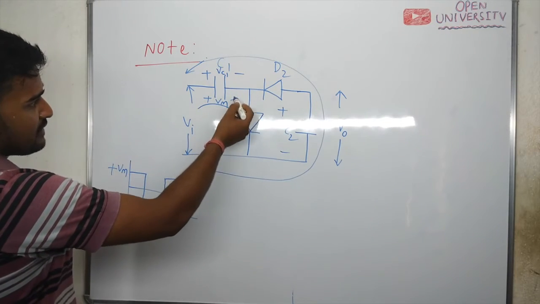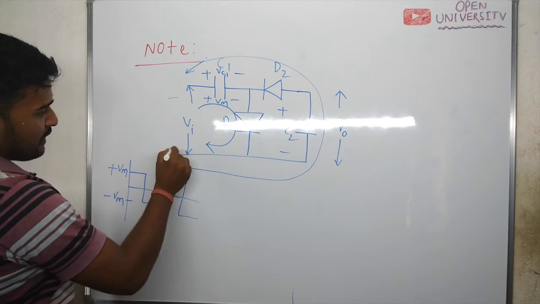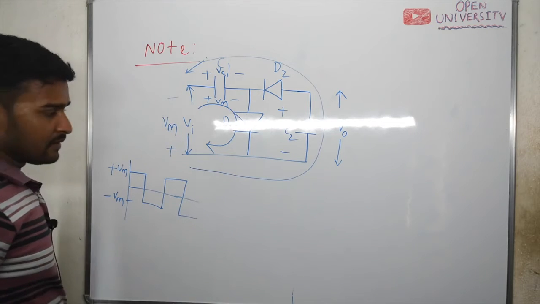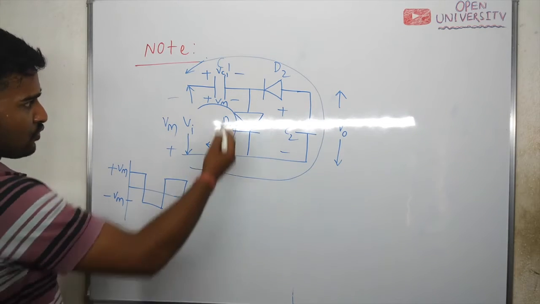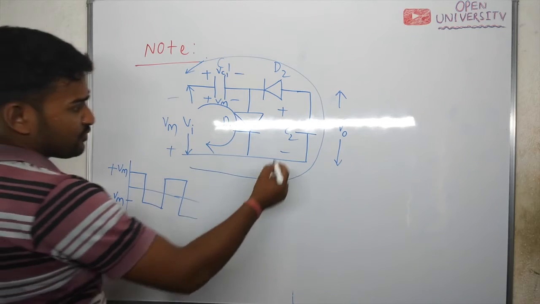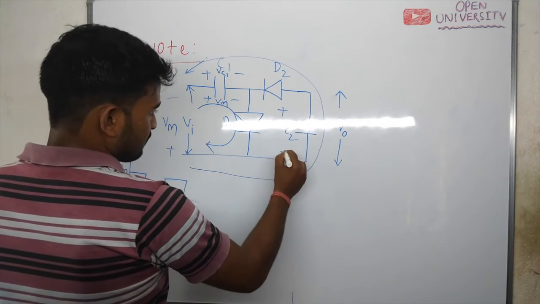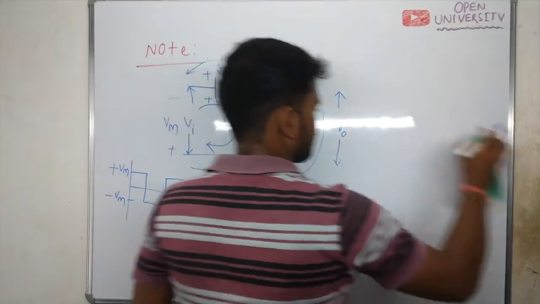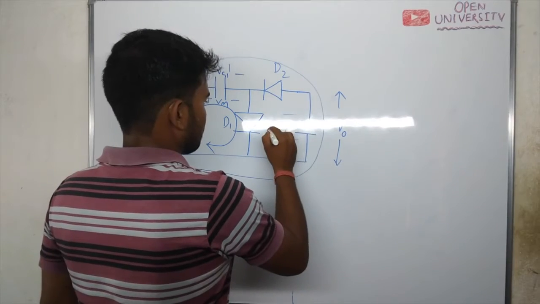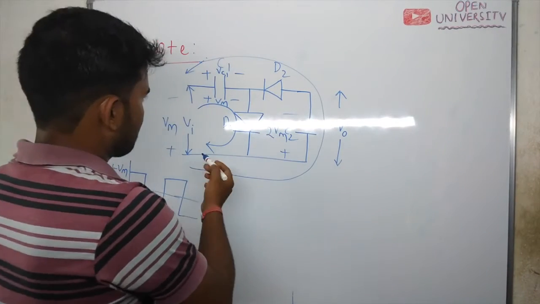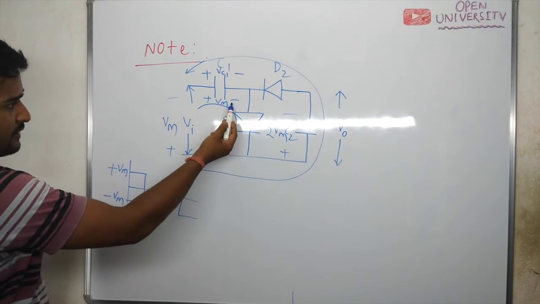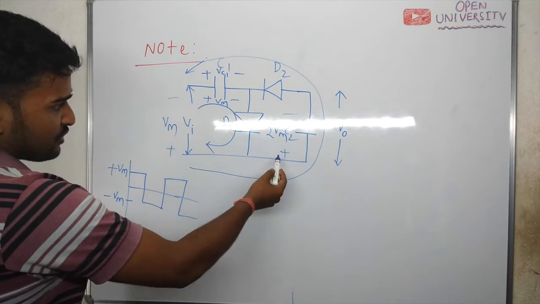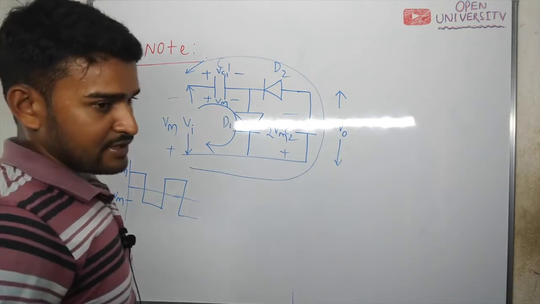What is the net input voltage? Minus Vm, and the minimum input voltage when Vi is negative is Vm, like this. So this voltage becomes plus minus 2 Vm, minus plus Vm, that is 2 Vm. So capacitor C2 will charge up to this voltage, 2 Vm.